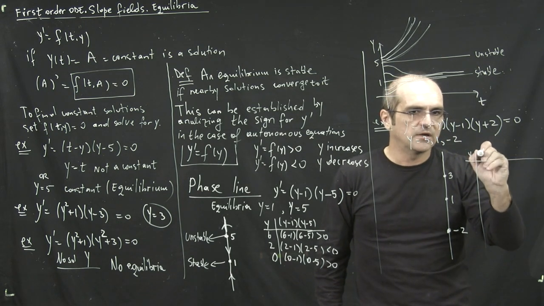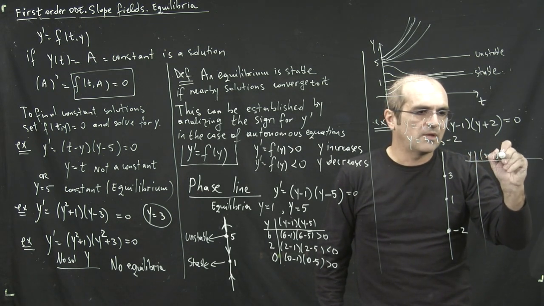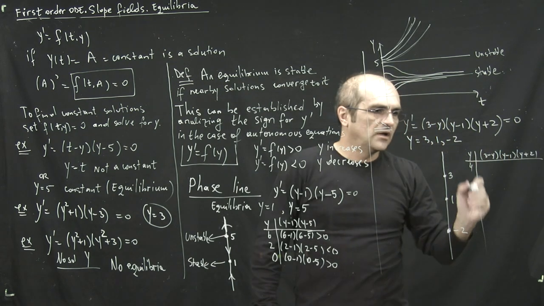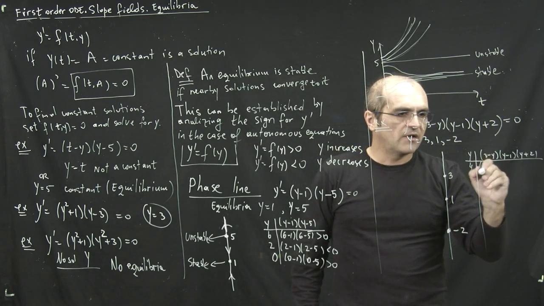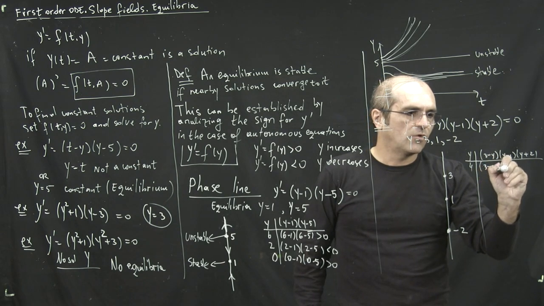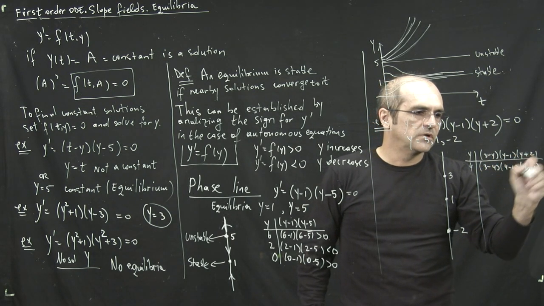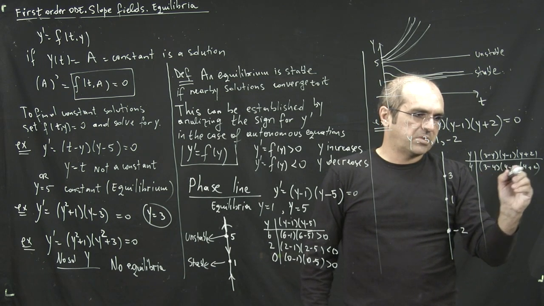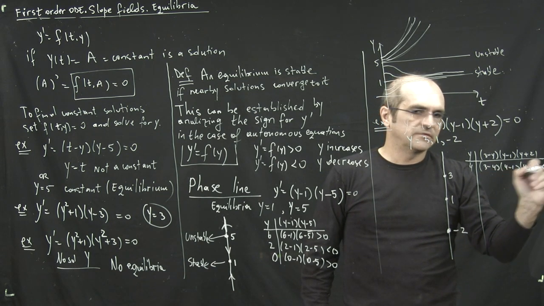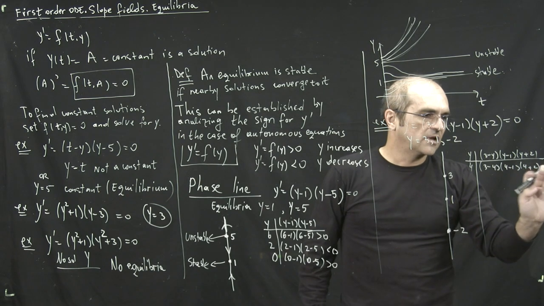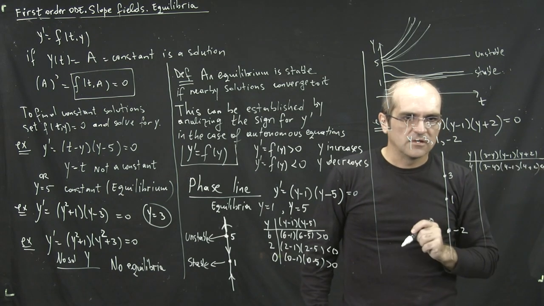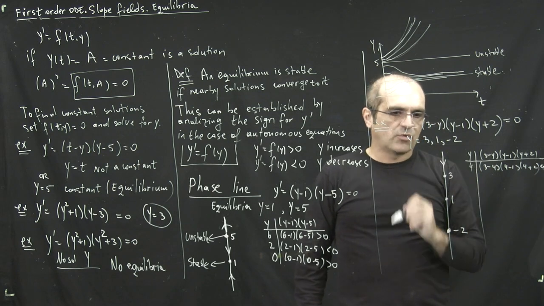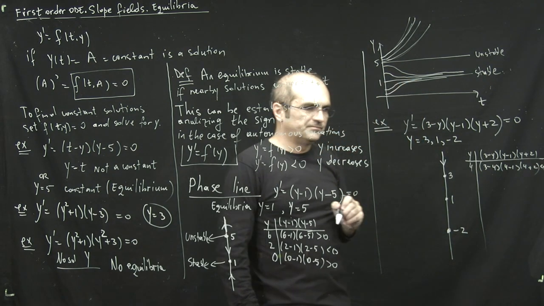Right, so y, (3 minus y)(y minus 1)(y plus 2). We plug in 4. So we have 3 minus 4, 4 minus 1, 4 plus 2. Negative, positive, positive. So that's going to be negative. So negative means the solution approaches 3 if you start above it.